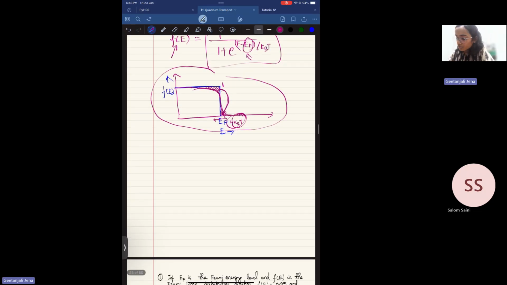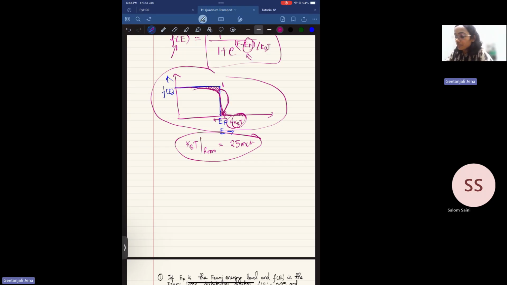One useful relation that you should remember is that for room temperature, kBT is of the order of 25 meV. In our upcoming live session, we'll see the importance of the Fermi energy level.